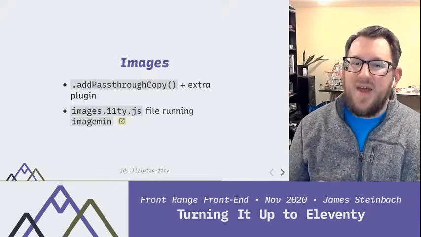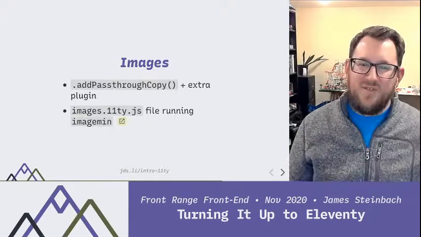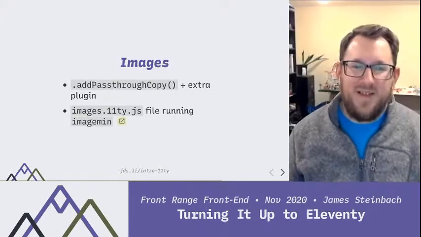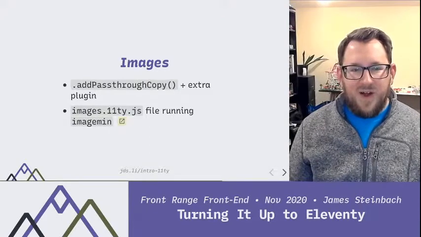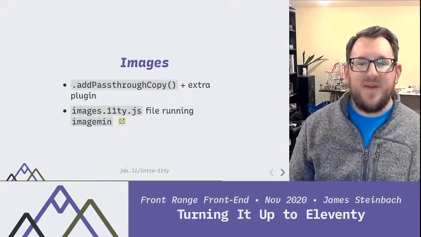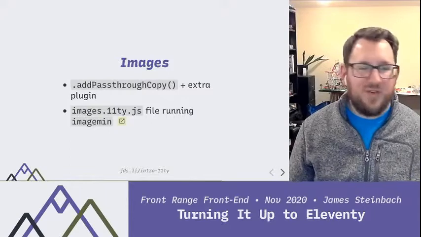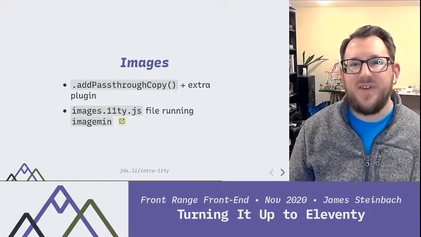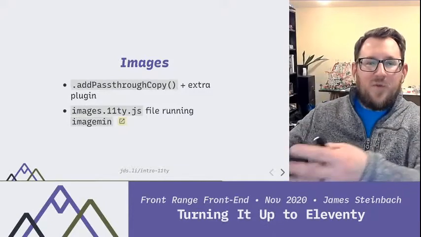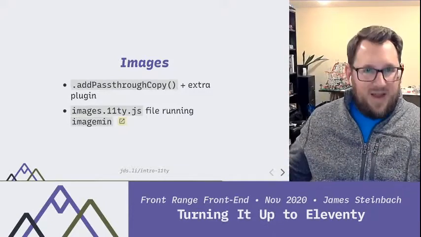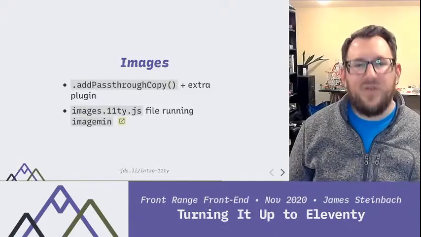What you can do is set up an images.eleventy.js template file. Our good friend, the Eleventy.js template file, is back again. And it can run imagemin or a similar Node-based minifier with plugins like JPEGTran or PNGQuant or others, SVGO, and you can get an array of images using Node fs and reading a directory full of images.